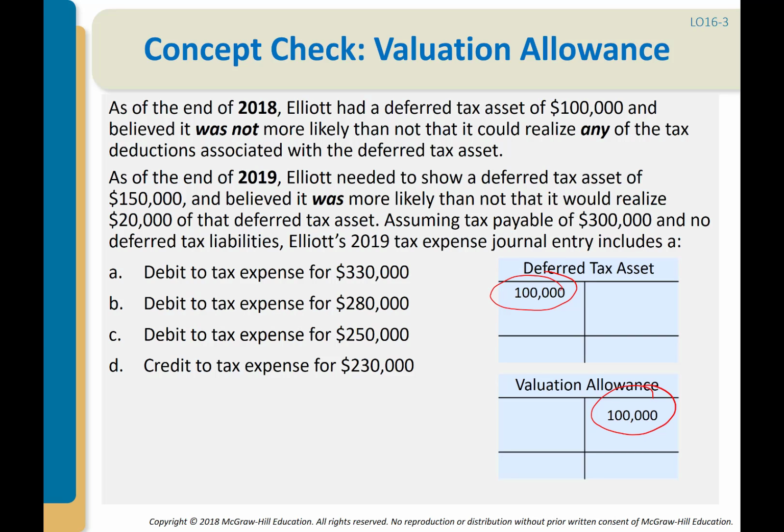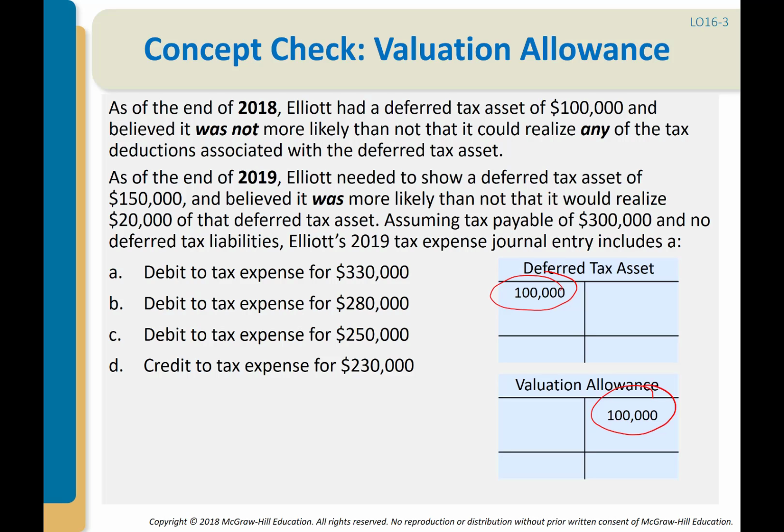You say, here's my asset, and guess what? I'm not going to get to collect any of it. Boo, right? And so you put the whole amount in the valuation allowance because you're thinking, for whatever reason, you're not going to collect on it, right? Then you look at the end of 2019, and Elliott needed to show a deferred tax asset of 150, and believed it was more likely than not that it would realize 20,000 of that.